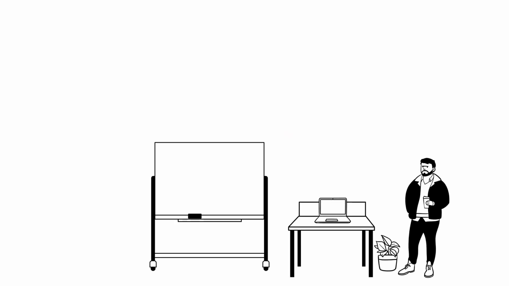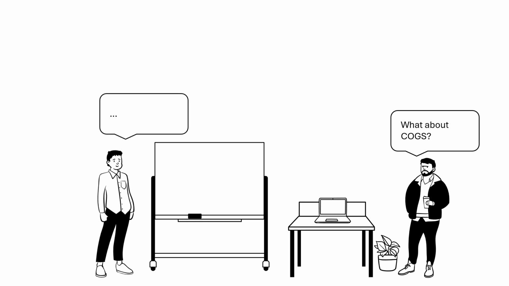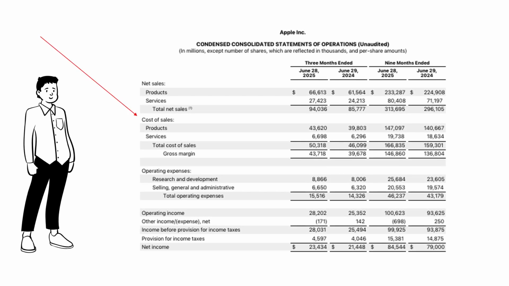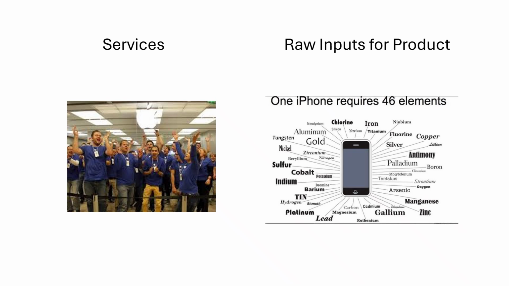So what about cost of goods sold? Cost of goods sold represents the cost you pay to your suppliers and employees to create the good or provide the service. You would find cost of goods sold on an income statement right below the revenue and sales number right here. As discussed, cost of goods sold can be broken down into services and products.